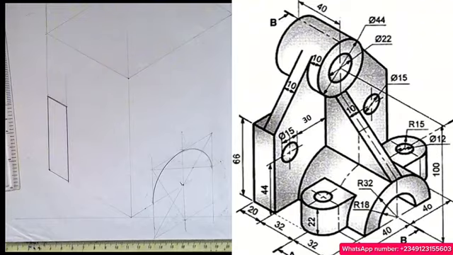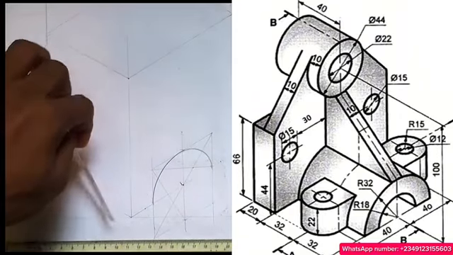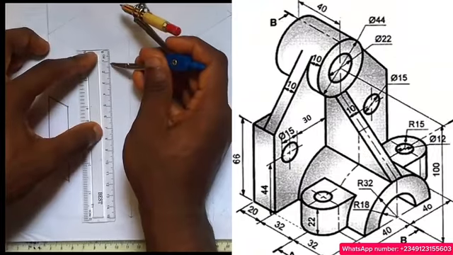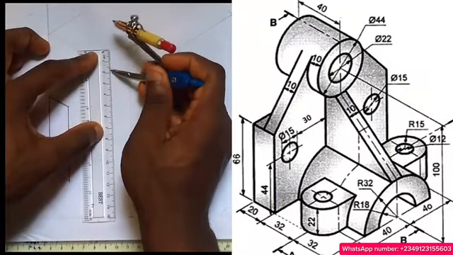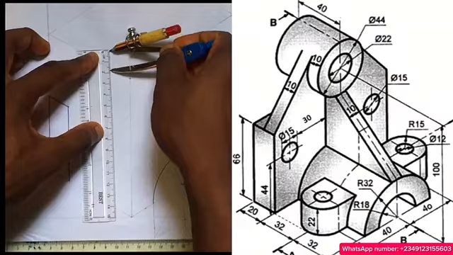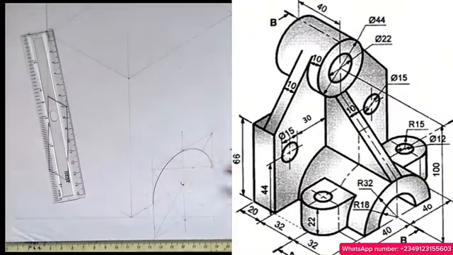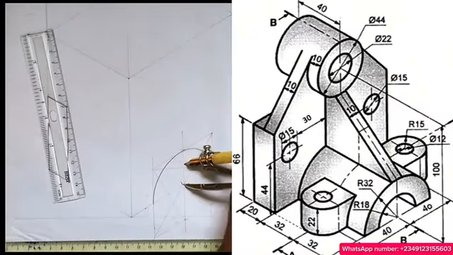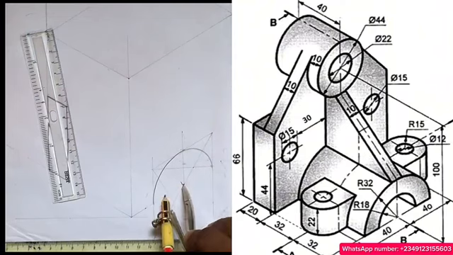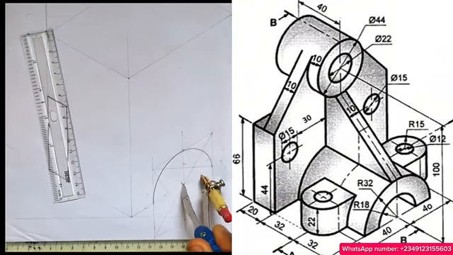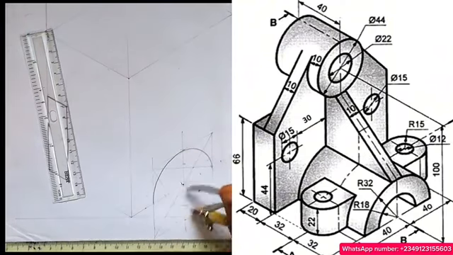The other curve is given to be R18, as you can see. So let's measure 18. R18, 1.8. Here to here is 1.8, right? So at this point, the center again, at the center, strike up, left, right and down this way.